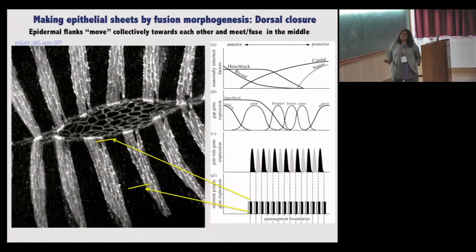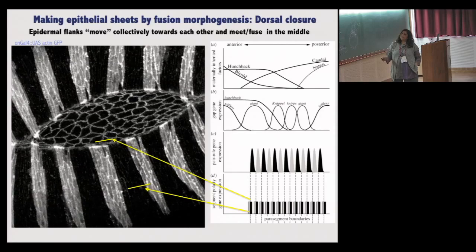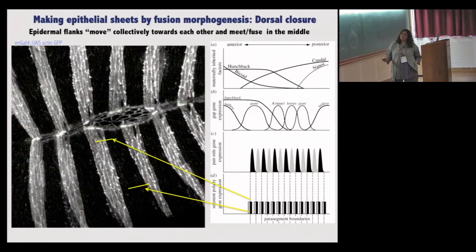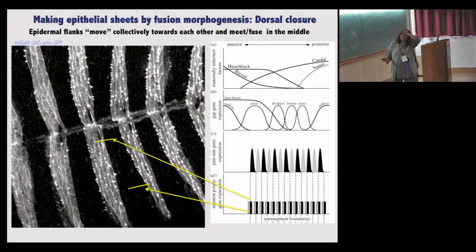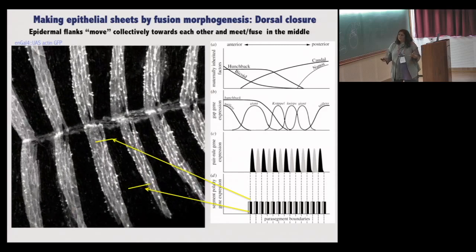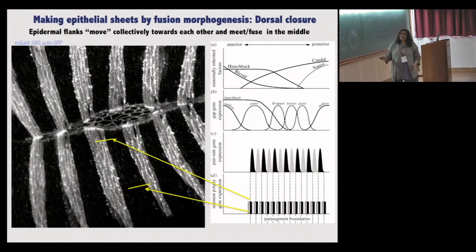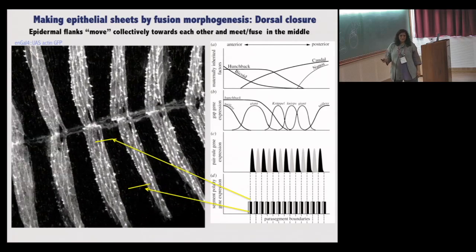And as you can see from this movie, the striking change in the morphology of this tissue is that the area of the ellipse that is occupied by that tissue reduces as a function of time, right?